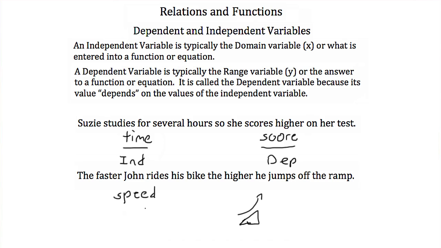Well, the faster he pedals, the higher he's going to go on his jump. The height he goes on his jump does not affect how fast he pedals his bike. So therefore, the speed is our independent variable, and our height is our dependent variable.